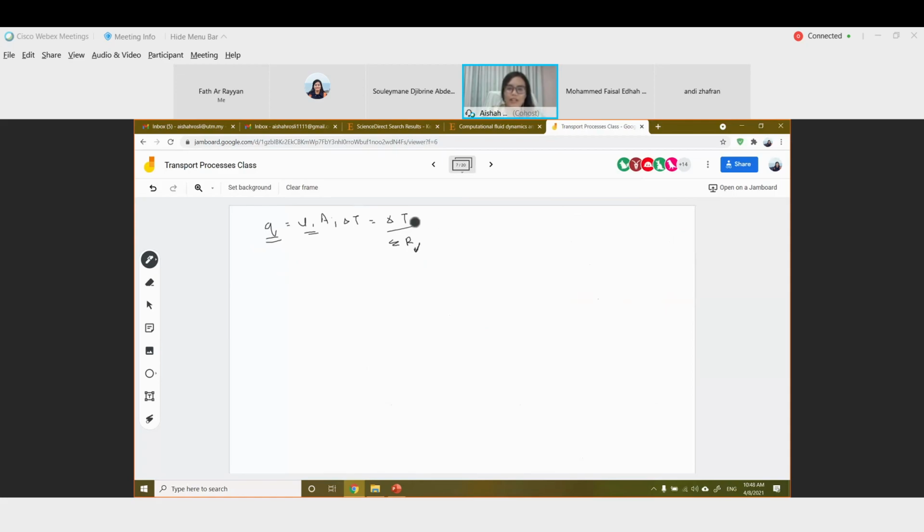So we can get the delta T, and we already calculated the resistances. So actually this and this can just cross out.